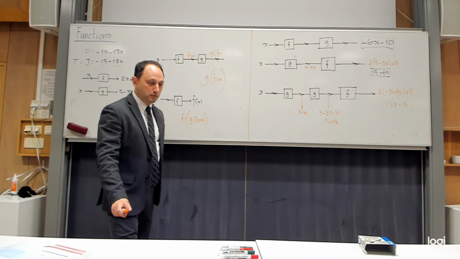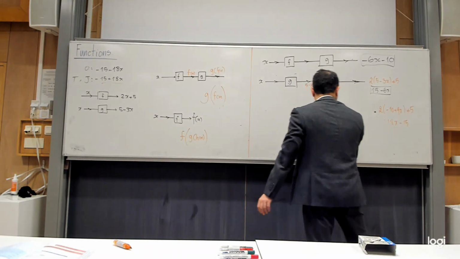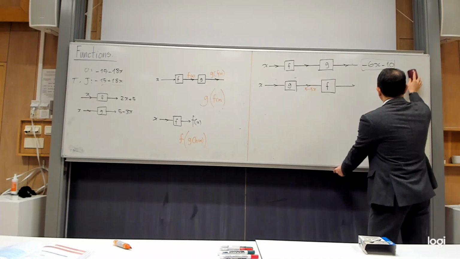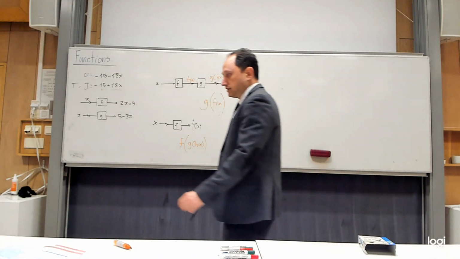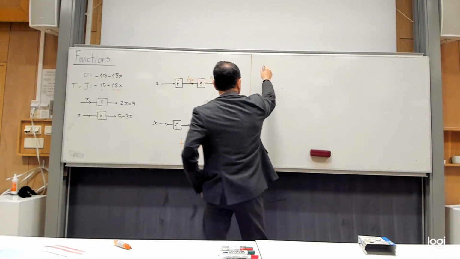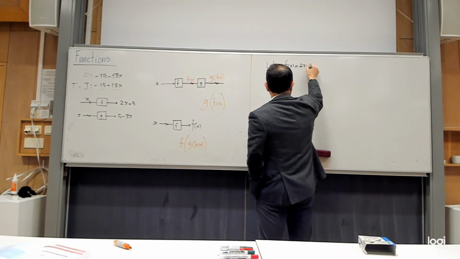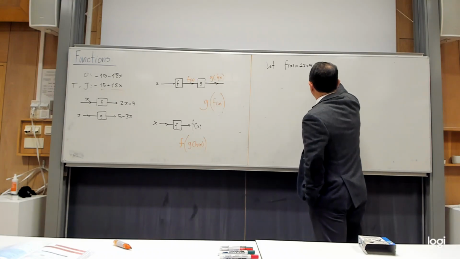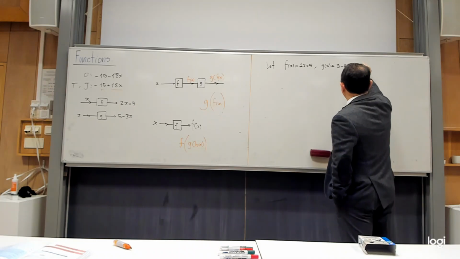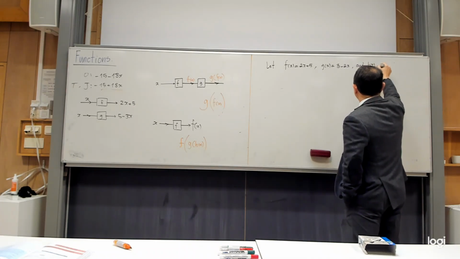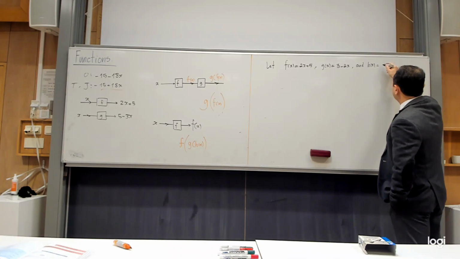So let me give you an example here. Let f of x be equal to 2x plus 5, g of x be equal to 3 minus 2x, and another function h of x be equal to, it doesn't matter, x plus 1.